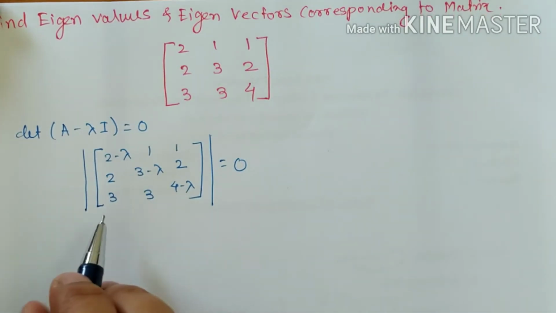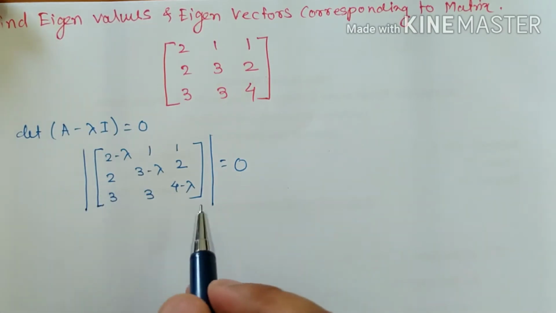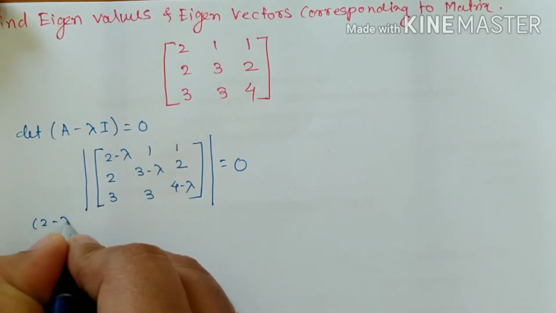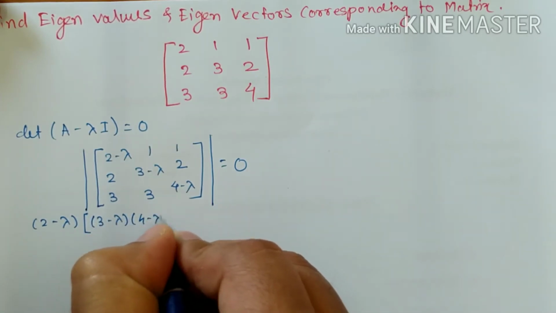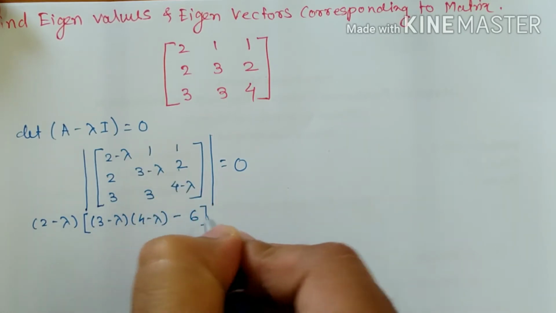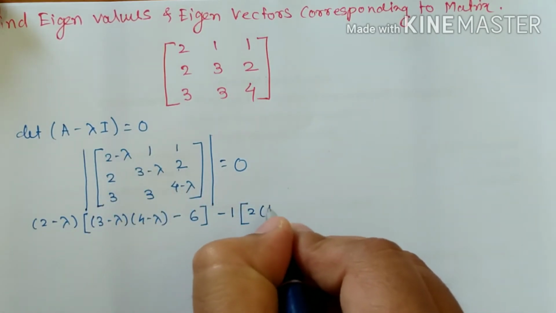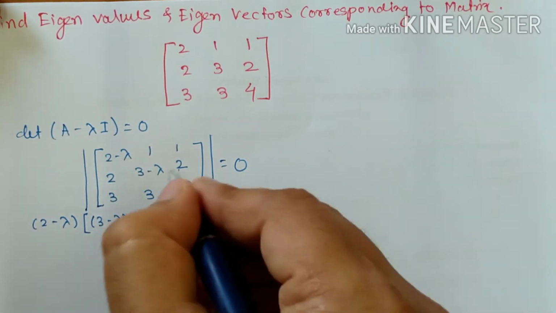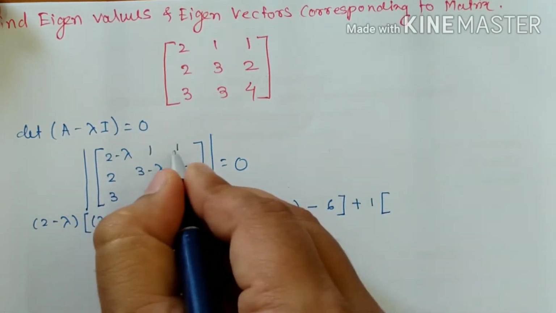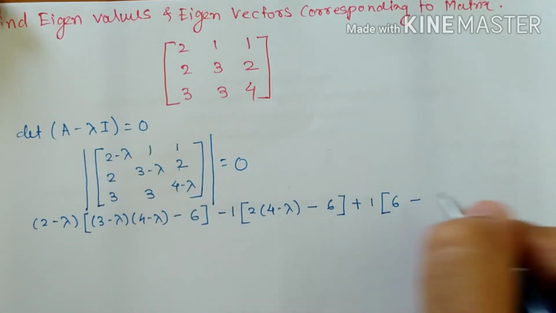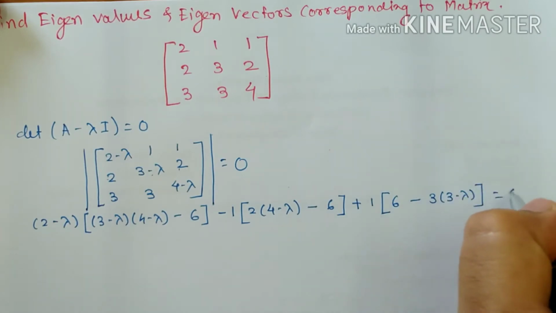Now you can work out the characteristic equation by solving this determinant. Here we get (2 minus lambda) into [(3 minus lambda)(4 minus lambda) minus 6], minus 1 into [2(4 minus lambda) minus 6], plus 1 into [6 minus 3(3 minus lambda)] equal to 0.